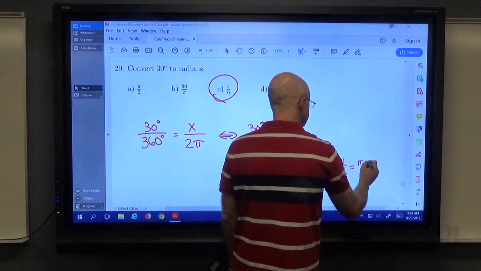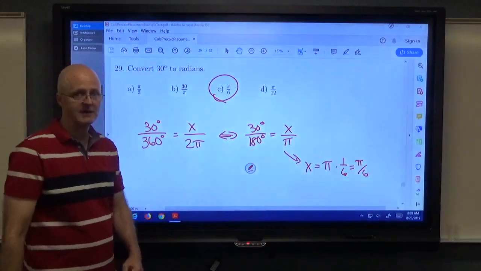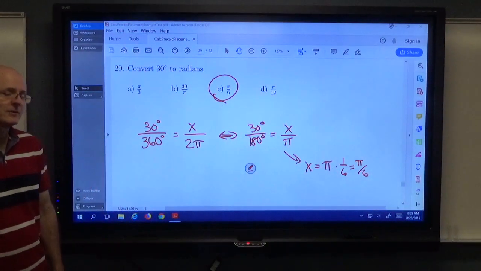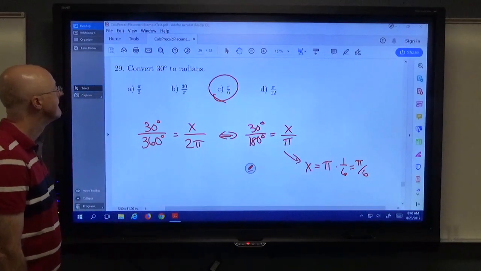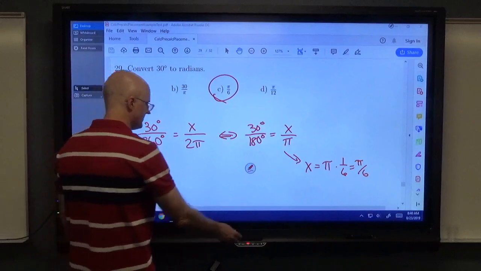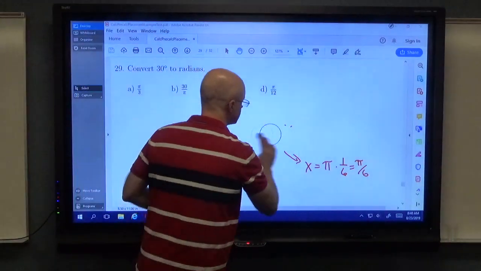This is pi over 6. Or you could just have it memorized. So we're talking about degree measure and radian measure of angles here, something you should know if you want to be in calculus. C is the answer.